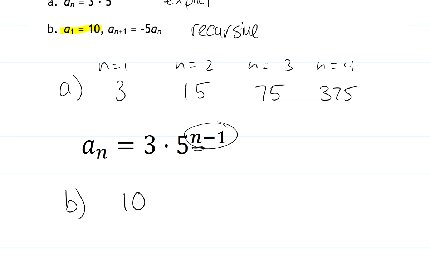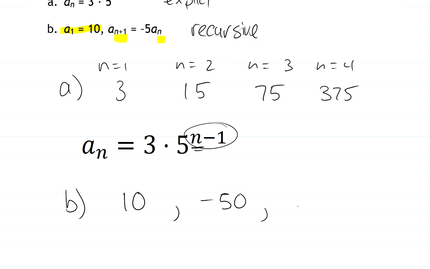And then it says to move forward, to figure out the term after the nth term that you're at, you take the value where you're at and multiply by -5. And you just keep multiplying by -5. So this is the recursive definition. So if I'm at 10, my next one has to be -50.